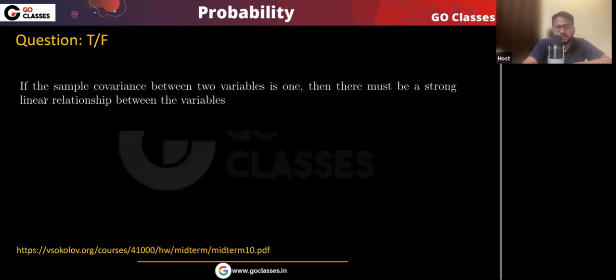Now let's check this. If the sample covariance between two variables is 1, then there must be a strong relationship between the variables. So they're saying covariance is 1, not the correlation. Can you say something like very strong? This is not correlation.